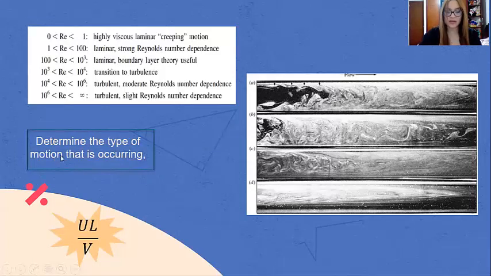The value of the Reynolds number allows us to determine the type of motion that is occurring, represented in the following image. For example, in the range of 0 to 1, the motion is highly viscous laminar, creeping motion, and depending on the value of the Reynolds number, we can have a different classification.